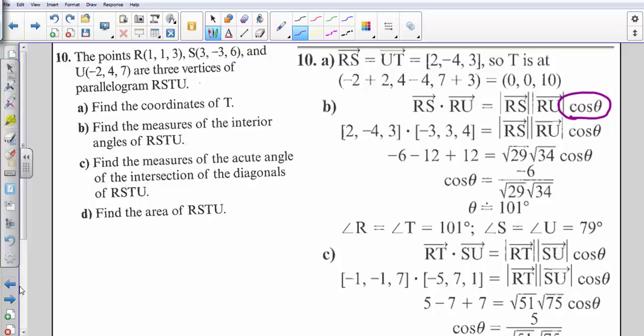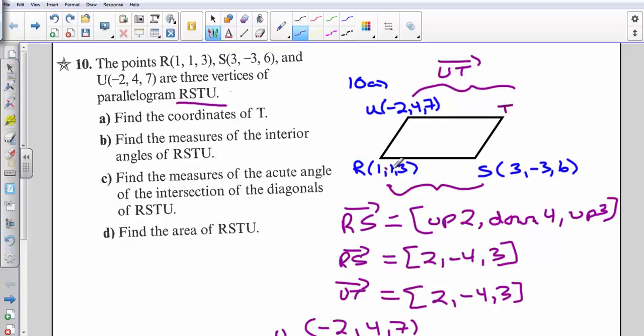If we go back to the diagram here, the vector RS and the vector RU are the two that are being used. So again, the two vectors tail to tail, and we're going to calculate the angle between them. So R to S and R to U are the two vectors I want to use.